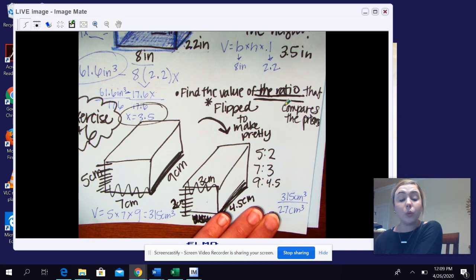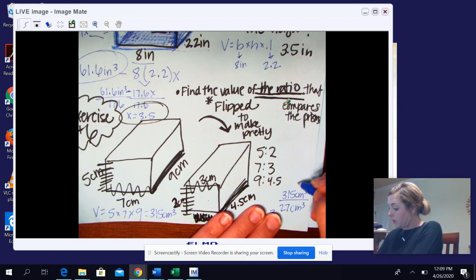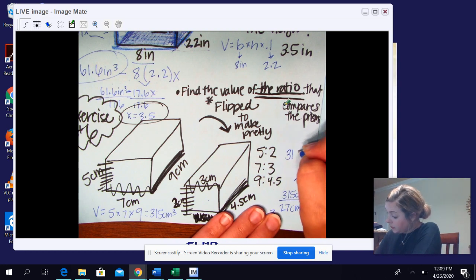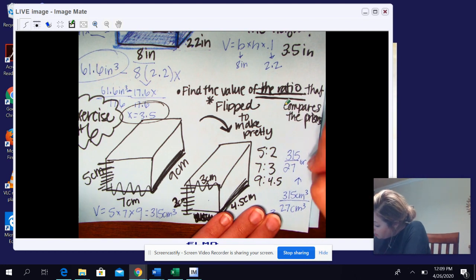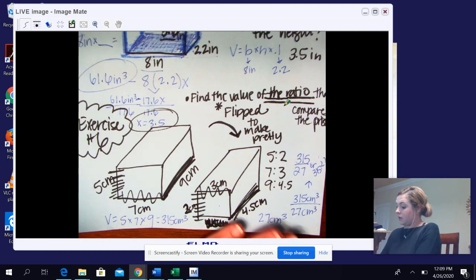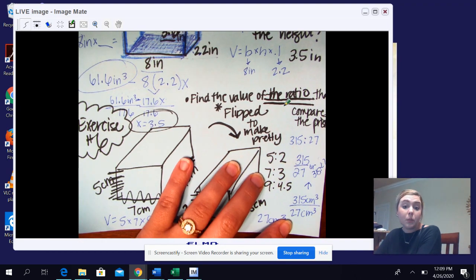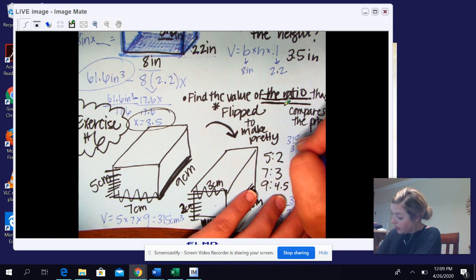But in a ratio, we don't use units. So this is the bigger one compared to the smaller one. To write it in true ratio form, we would say 315 over 27, or, I'm running out of room here, 315 colon 27 to compare them. You could also simplify them, which would give you 35 to 3.